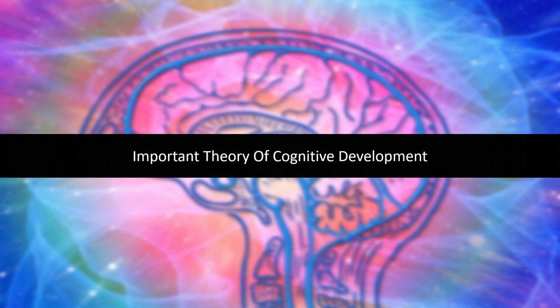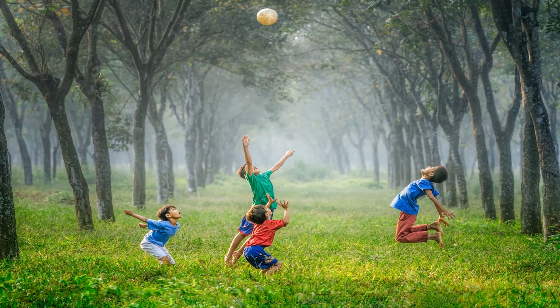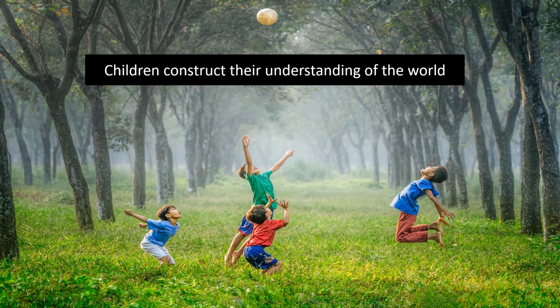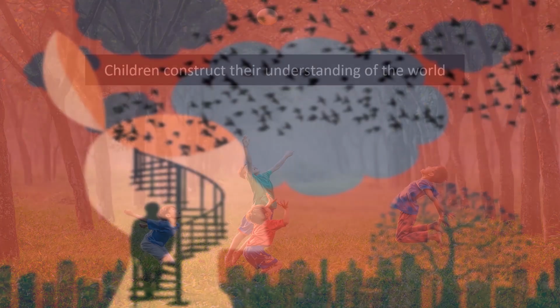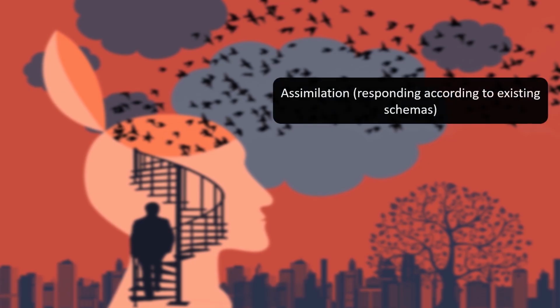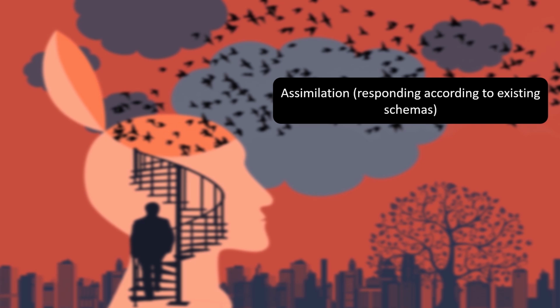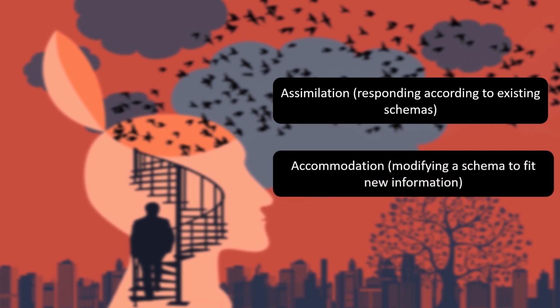Based on this theory, this perspective focuses on how children construct their understanding of the world as they pass through 4 stages of cognitive development through assimilation, that is responding according to existing schemas, and accommodation, that is modifying a schema to fit new information. Each of these age-related stages consists of different ways of thinking.